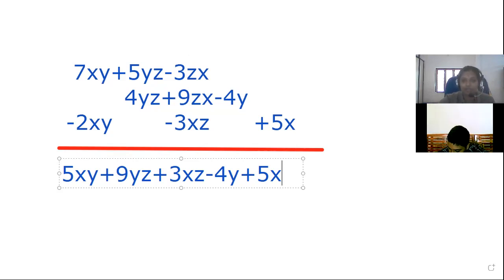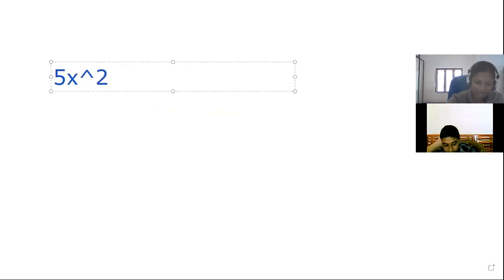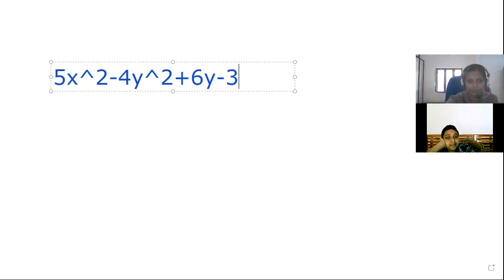So first of all, we have to write the expressions. The first expression is 5x square minus 4y square plus 6y minus 3.